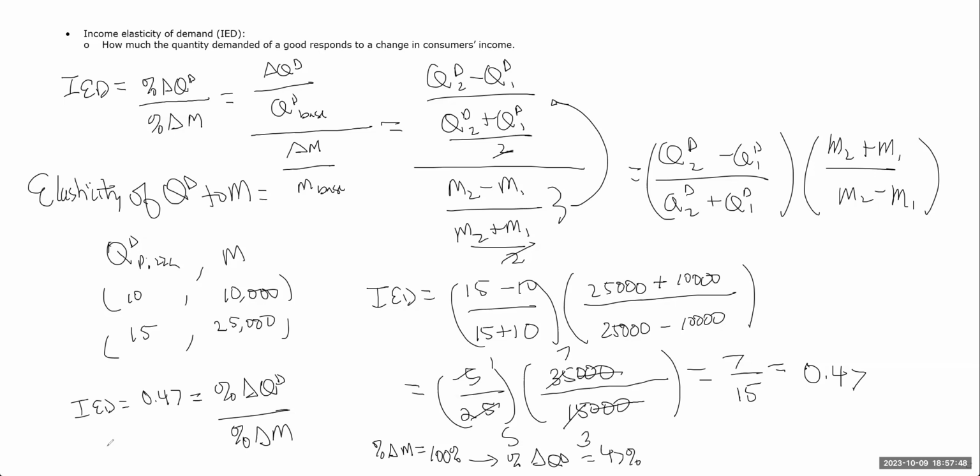All right. One thing we can learn from IED is the following. If it's greater than 0, it's a normal good. Why? Because remember, income goes up.